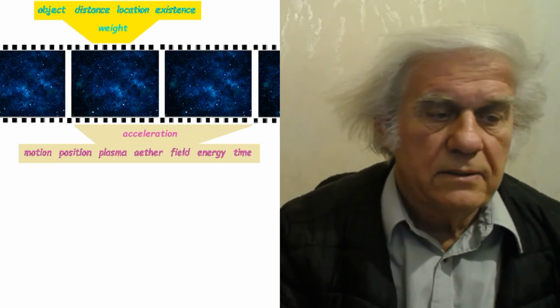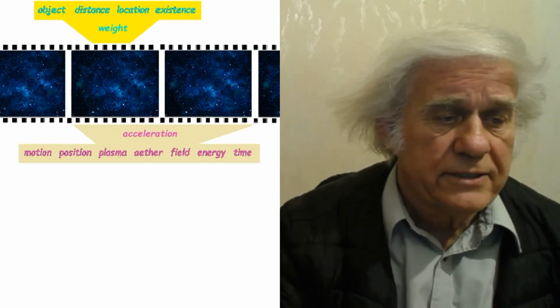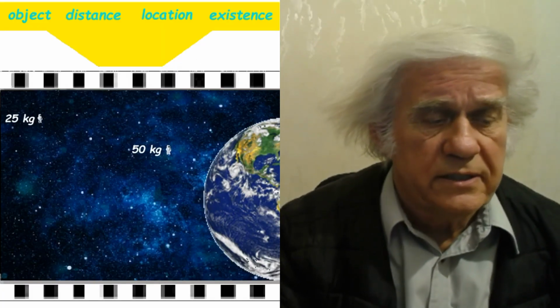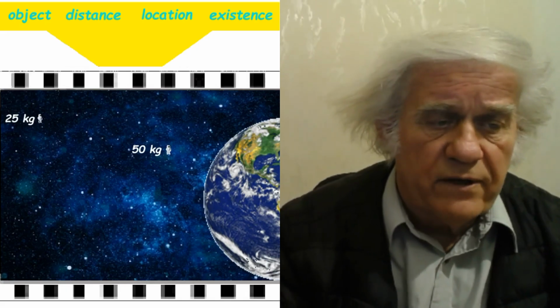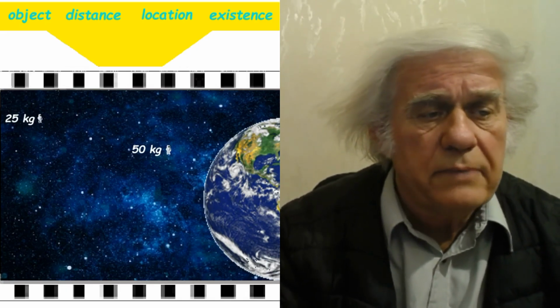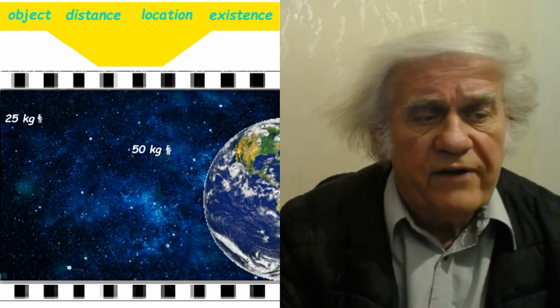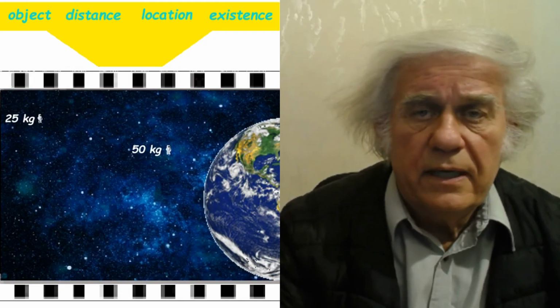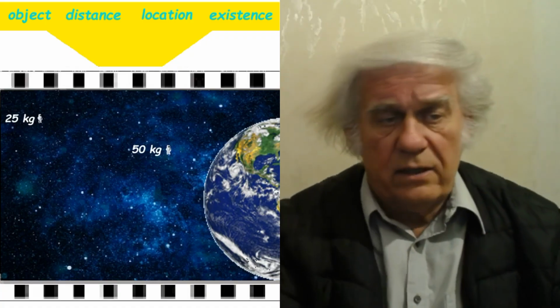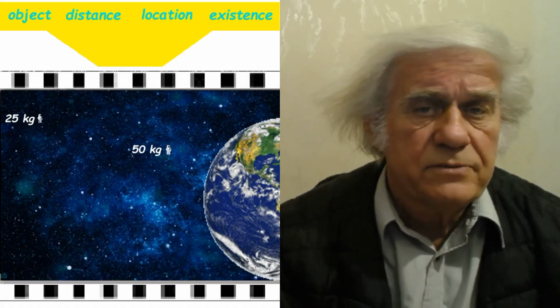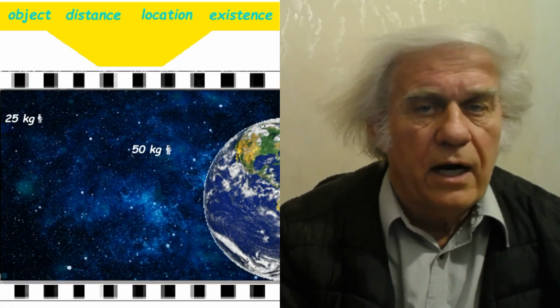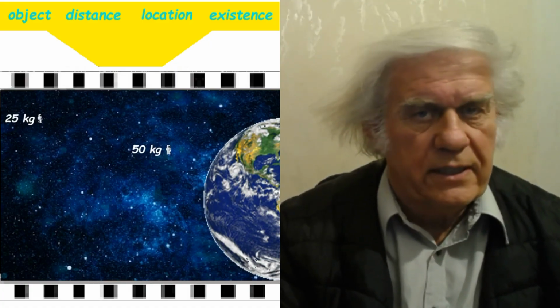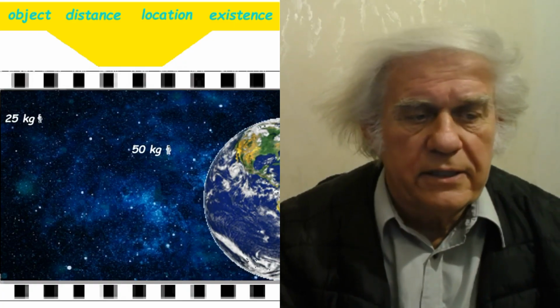Okay? So here we have an astronaut, and he's falling to Earth. And he's got weight at different locations. So maybe far away, he's got 25 kilograms, and close by, he's got 50. What we're saying here is that all those atoms of his body are physically connected to every atom on Earth.